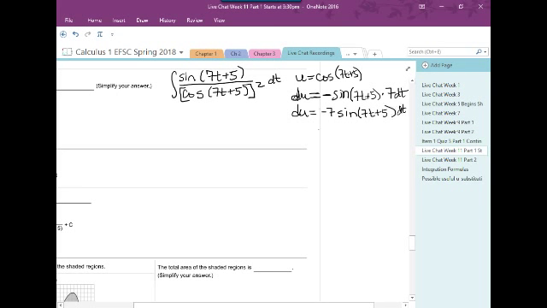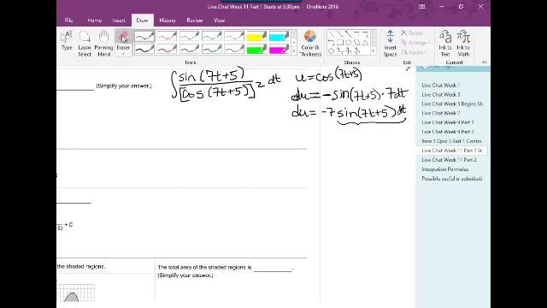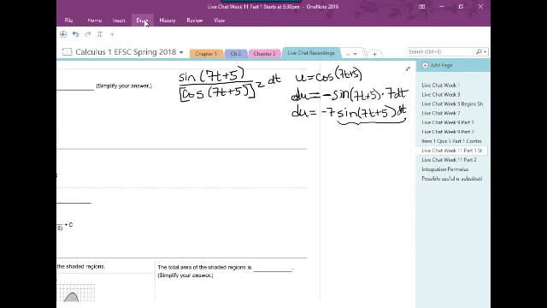Remember, the coefficient of the du is not so important, but we have to make sure all this other stuff is actually represented in the integral, and we do. We have our sine of 7t plus 5. So I'm going to adjust my integral just slightly.